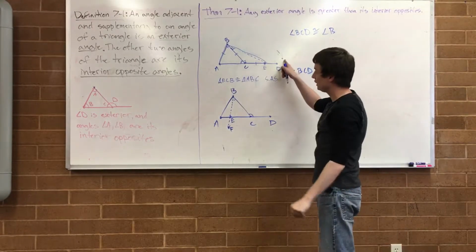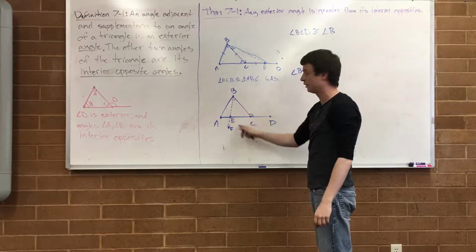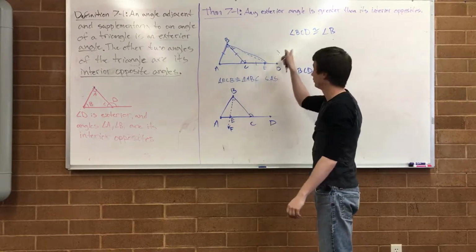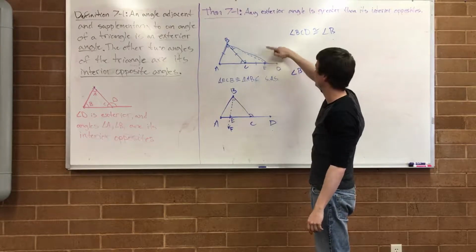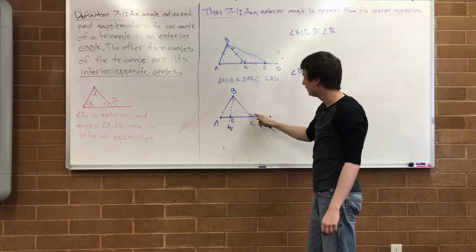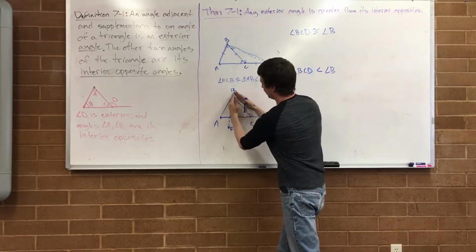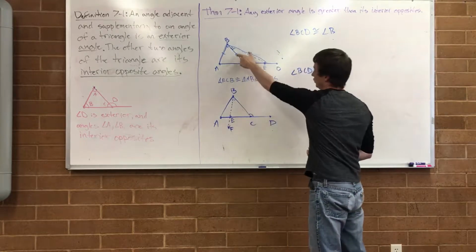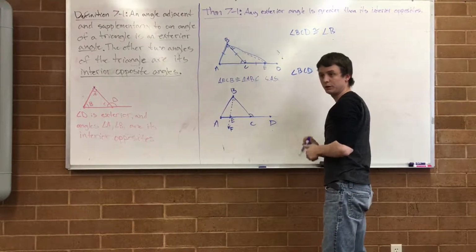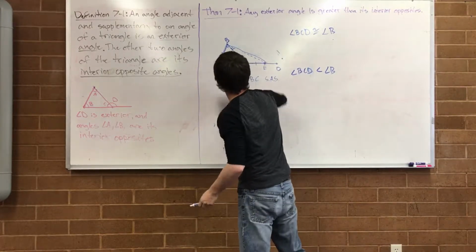We showed it can't be congruent. Here we showed if it's less than, then we can make one that's also congruent, which we already know is impossible. That's why I said once we show this one, it's real easy. If this angle is less than this angle, then we can make the smaller angle that's congruent to it, and then congruence is bad. See the big picture? All right, let's write it out.